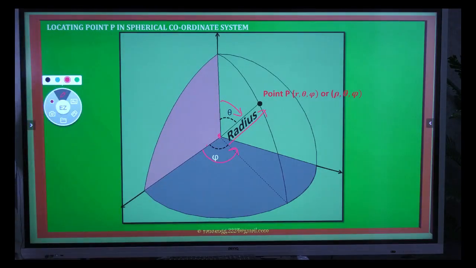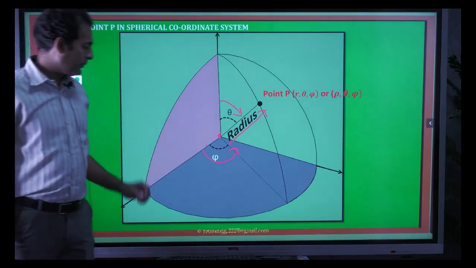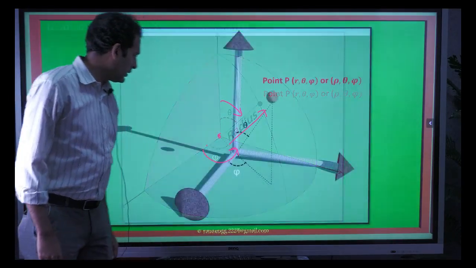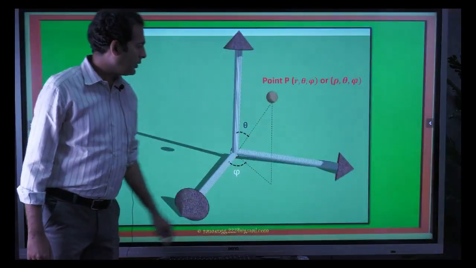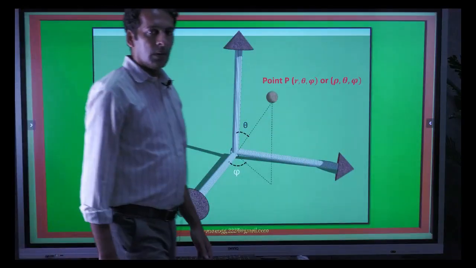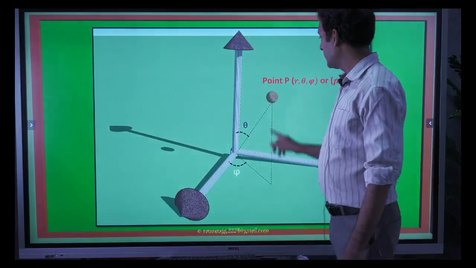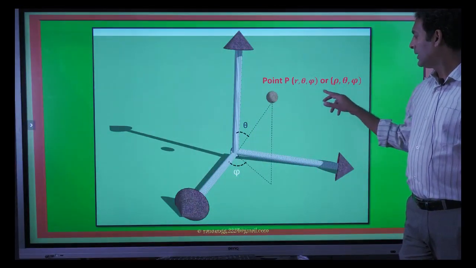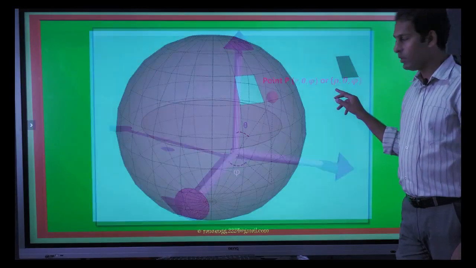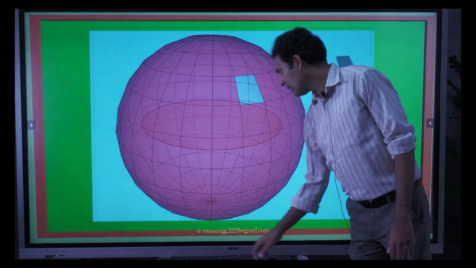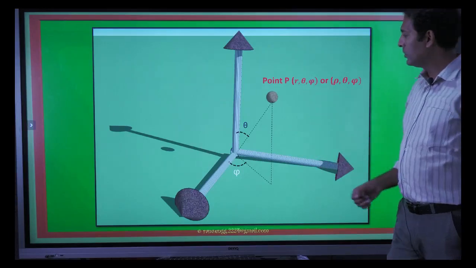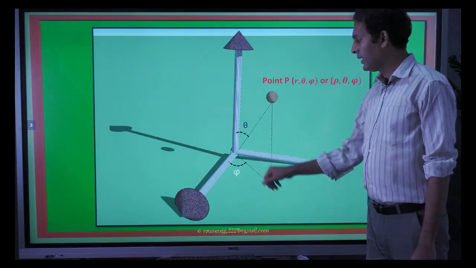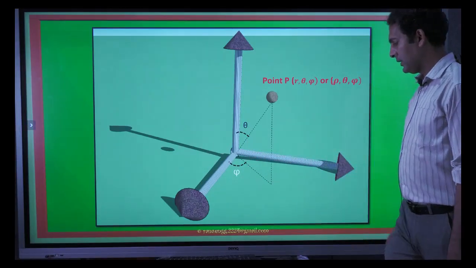By combining these three, we get a point P in the spherical coordinate system. If we draw it without any additional structure, you can see one point P defined by r, theta, phi, or it can also be written as rho, theta, phi. For simplicity, we will use r, theta, phi.